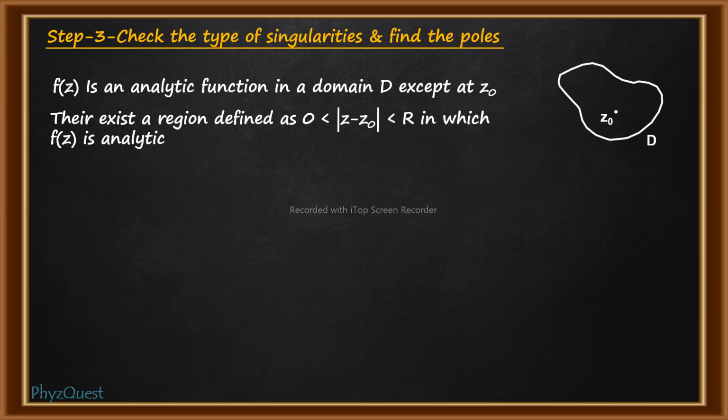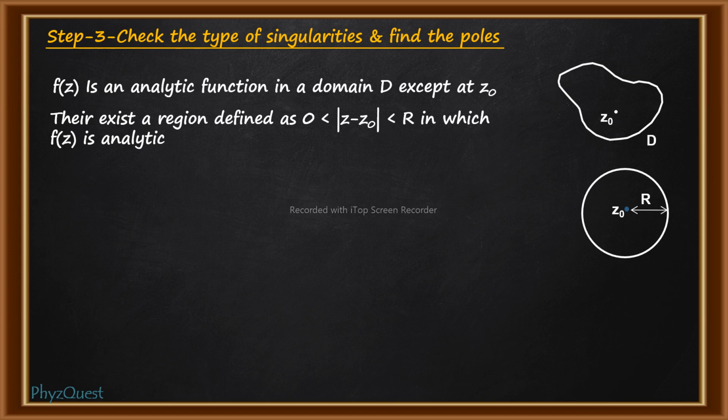So here we have an isolated singular point z0, as you can see in the picture. Define a circle centered at z0 with radius r. So like this. If you define a region within that circle in which the radius is greater than 0 but less than r, in this region the function is analytic.